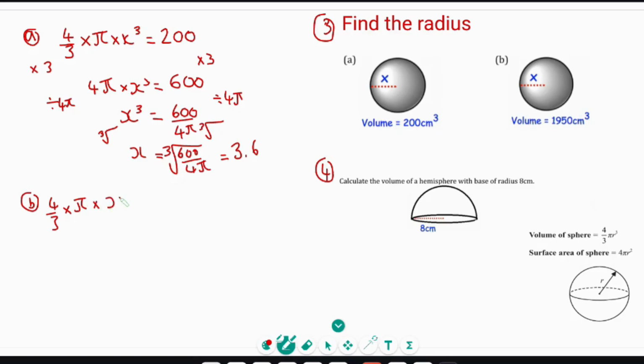You might have done A a slightly different way and still got the same answer, because you can reverse the calculation slightly differently. Times both sides by 3 gives us 4 times pi is 4 pi. Divide both sides by 4 pi.